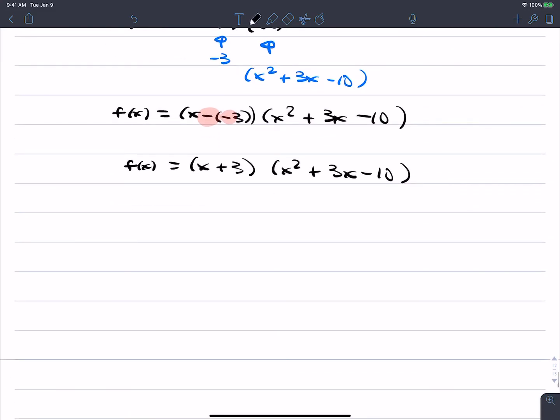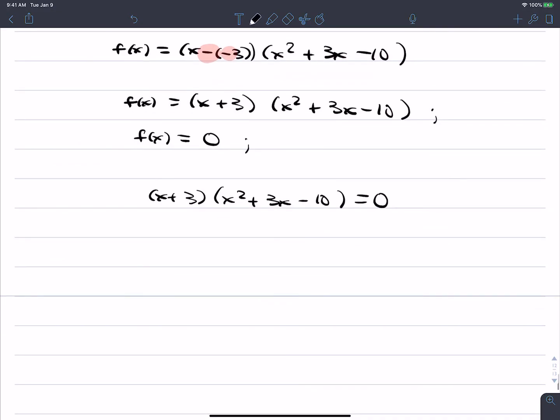So we need to find the other zeros. Now, we could do this another way, but let me just go with how we've been doing this, right? To find the zeros, you set the function equal to 0 and you solve for x. What that means here is x plus 3 times x squared plus 3x minus 10 is 0.